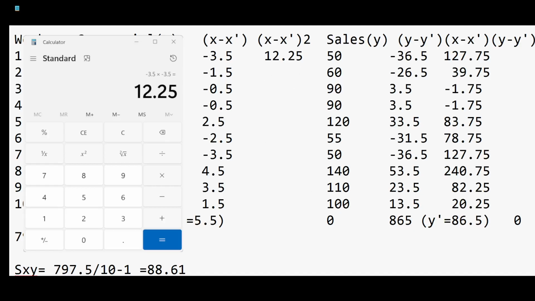Then you have negative 1.5 times negative 1.5 equals 2.25.